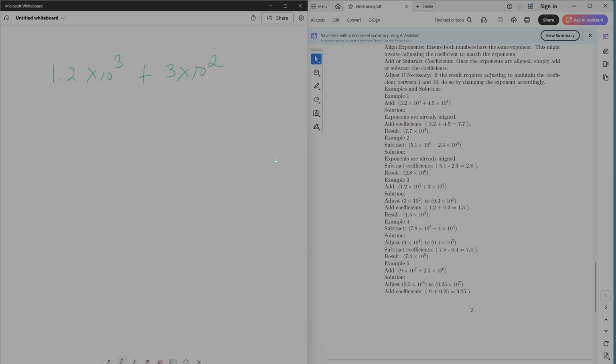The coefficient here is 1.2, and the coefficient here is 3. The exponent here is 3 and here it is 2, so we need to fix this one to 3. One way you can do it is to change the coefficient here, so we can make this one 0.3 times 10 to the 3.